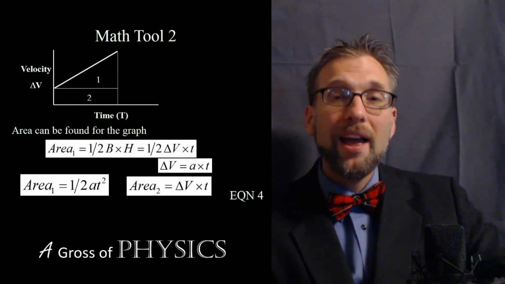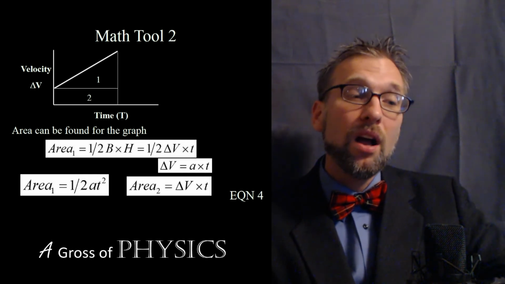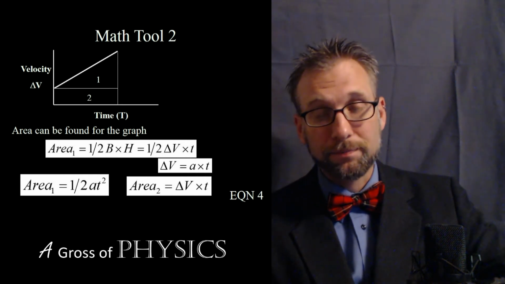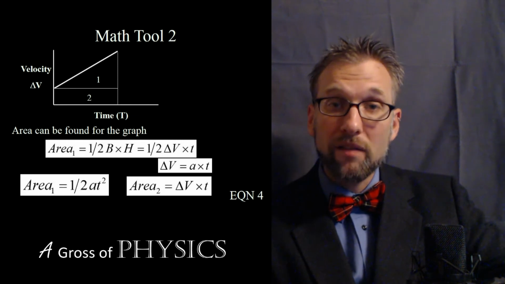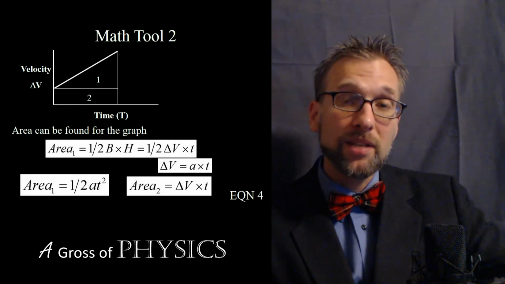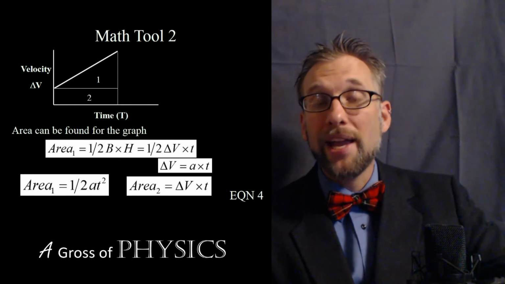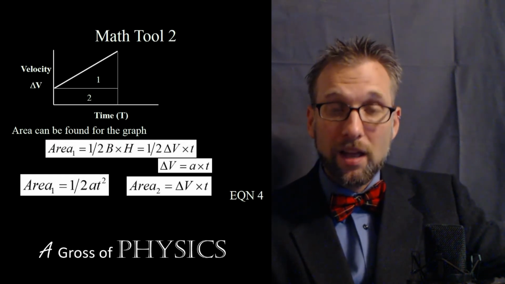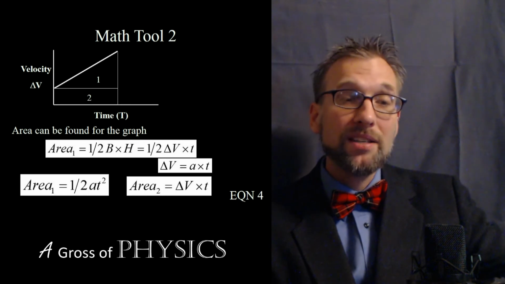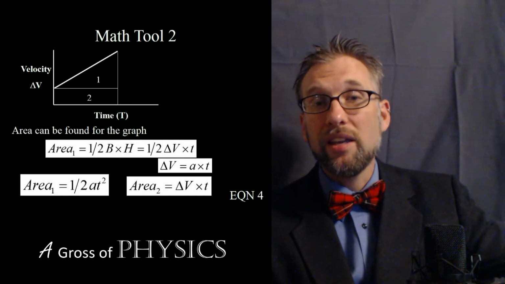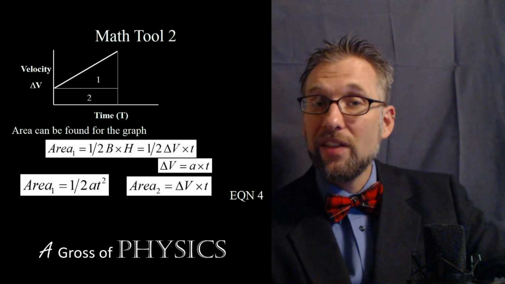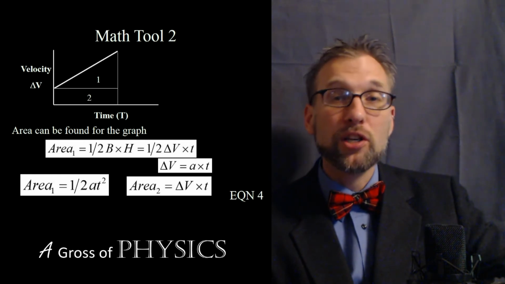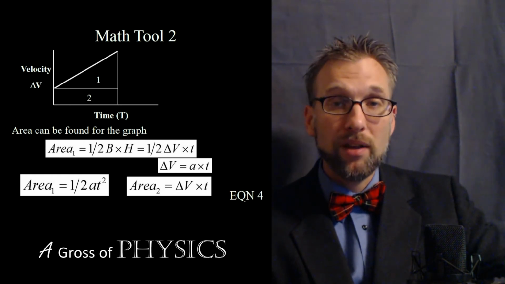So that's why it's the 1/2. And you'll get the term for displacement for that section. Doing the area of the rectangle, you do base times height, and what you'll find is the base is t, the height is the velocity, and you'll be able to do base times height to get the displacement. Add those two together, you get the total displacement the object traveled during that time segment.